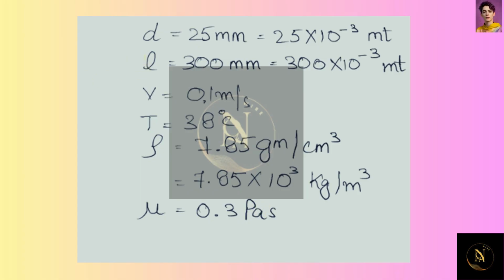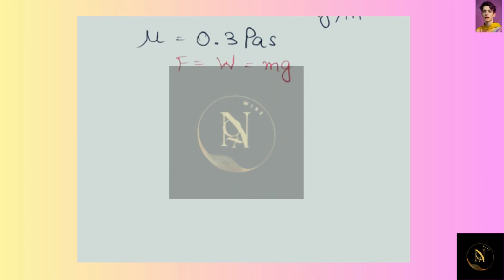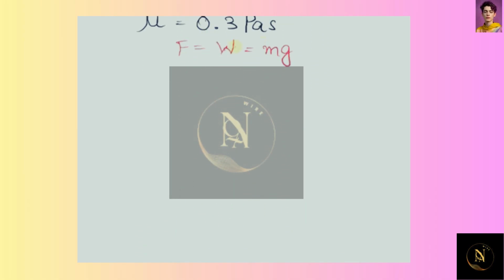So now, first of all, we know that force is equal to weight, which is given as mg, where m is mass and g is acceleration due to gravity.